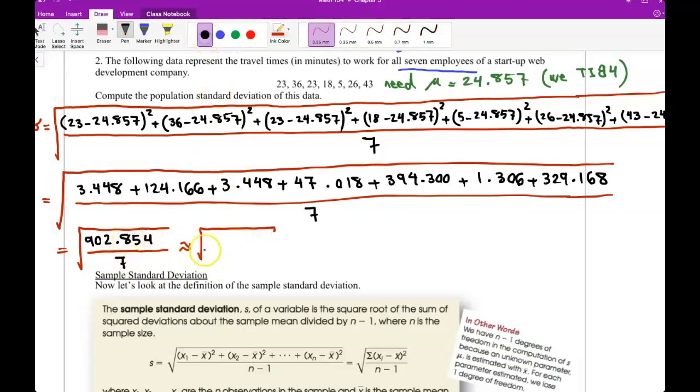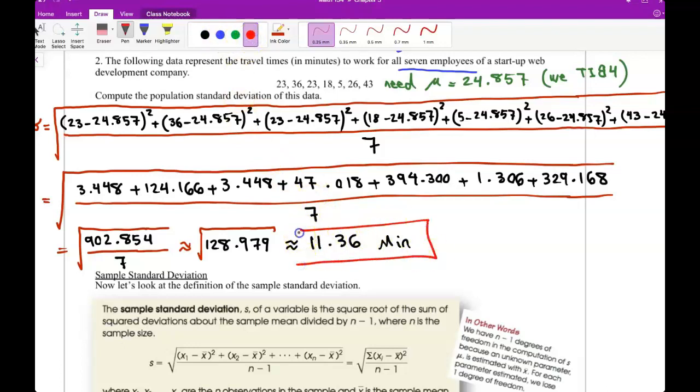Here I got 128.979. Okay, take the square root and round that, the answer is 11.36, which is exactly what we got using the calculator. So this is how to find population standard deviation without using the calculator.